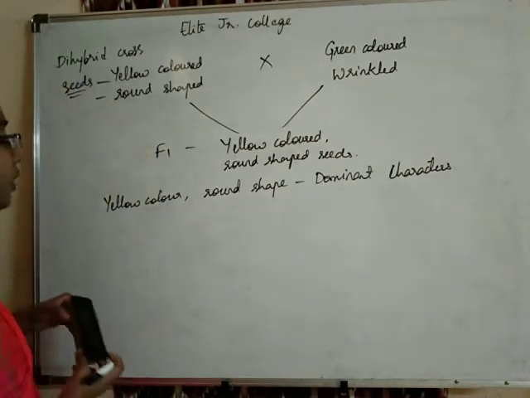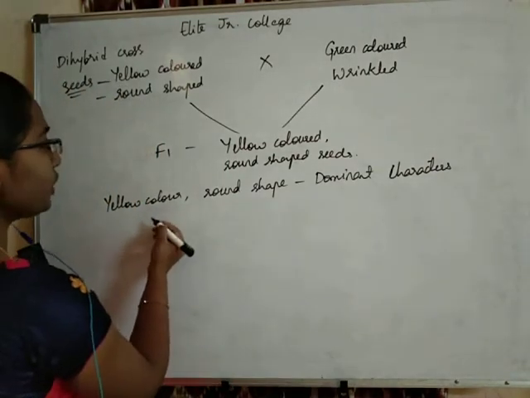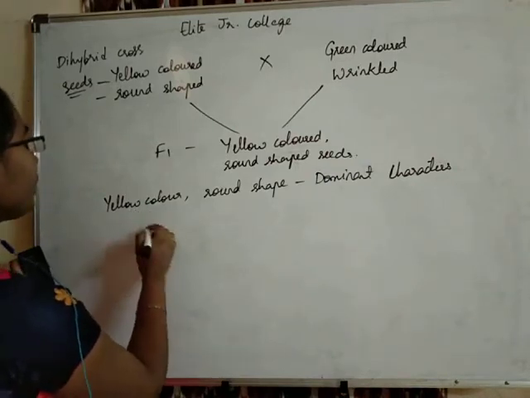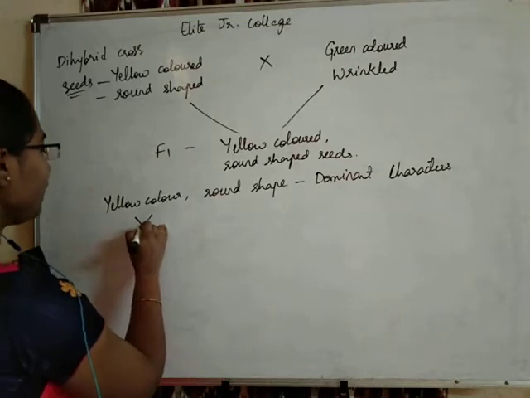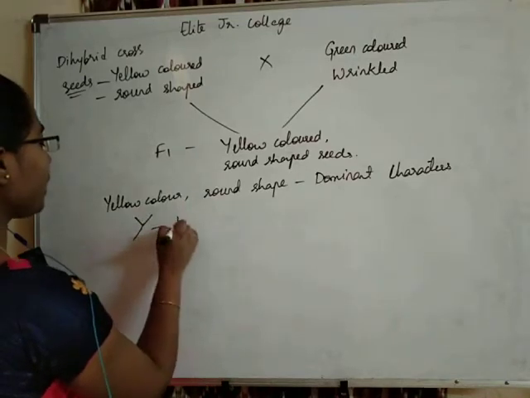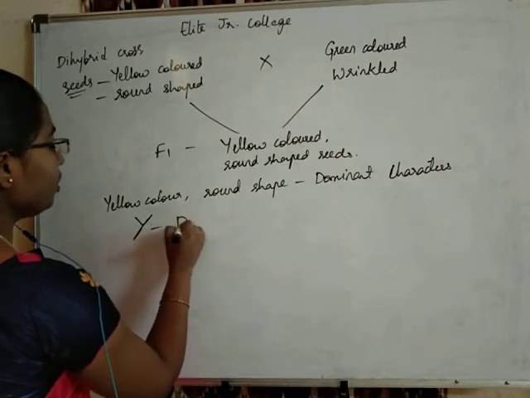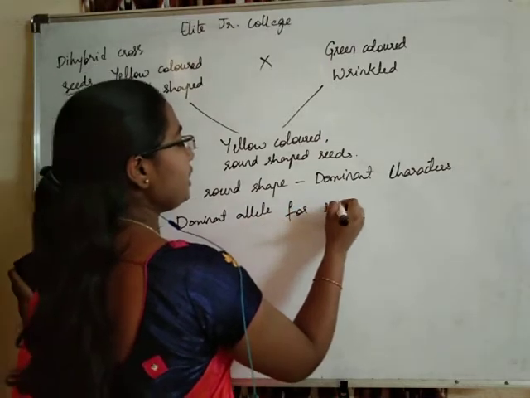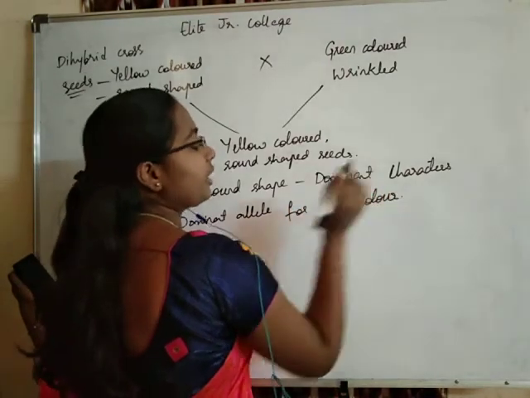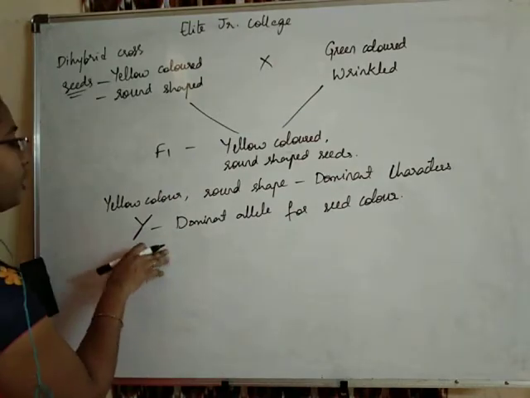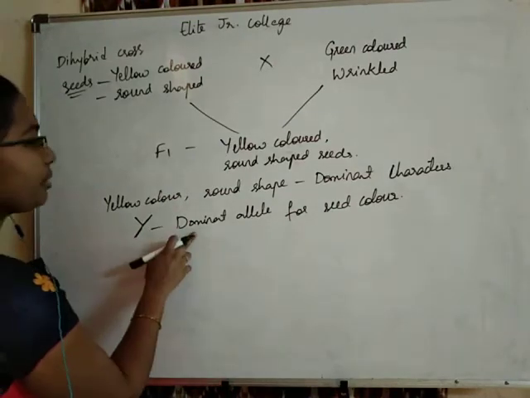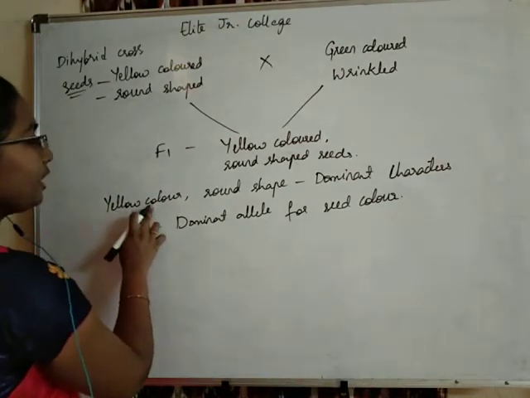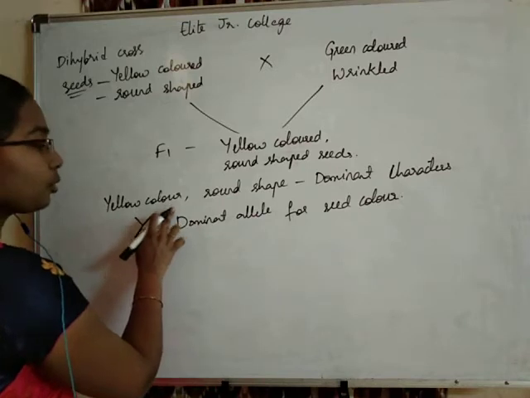Because these are dominant characters, for the gene for seed color we give the dominant allele the capital letter Y. Capital Y indicates the dominant allele for seed color, because the yellow color is due to this dominant allele.